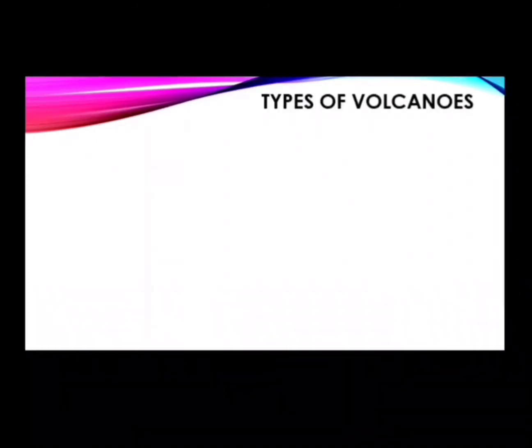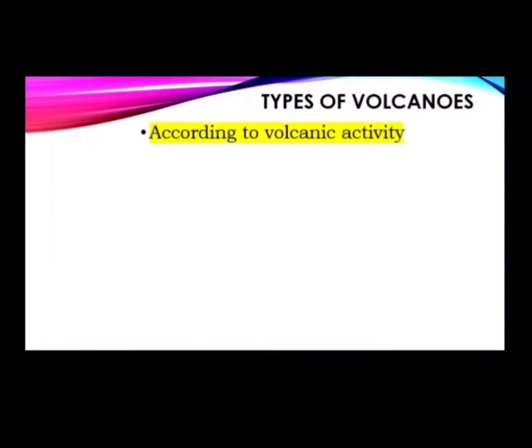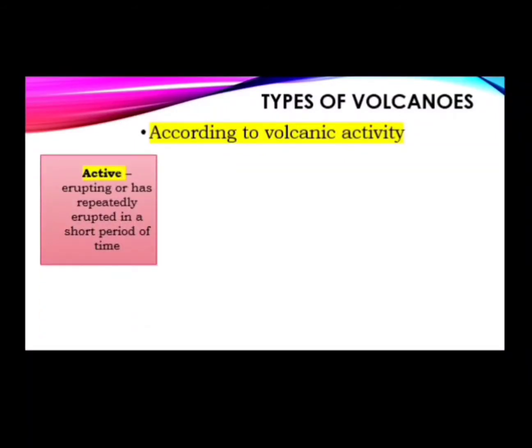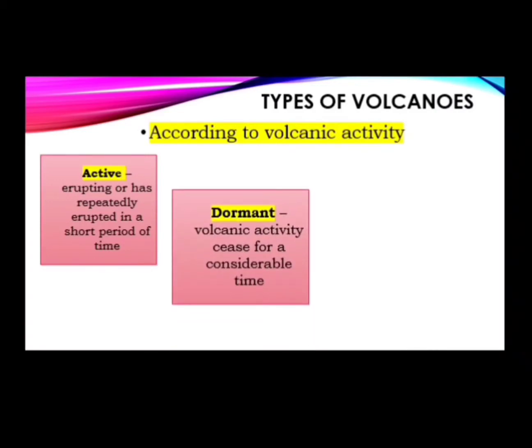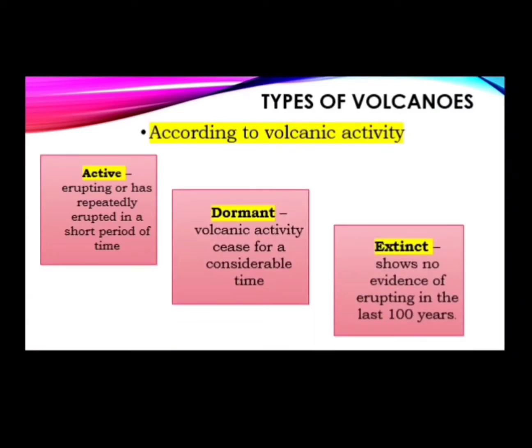There are different types of volcano. The first type is according to volcanic activity, and these are the active, dormant, and extinct. Active volcano: erupting or has repeatedly erupted in a short period of time.